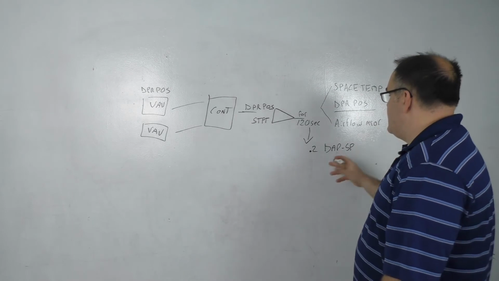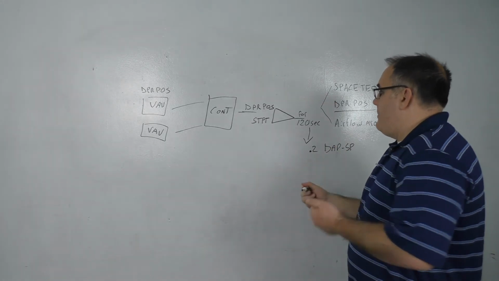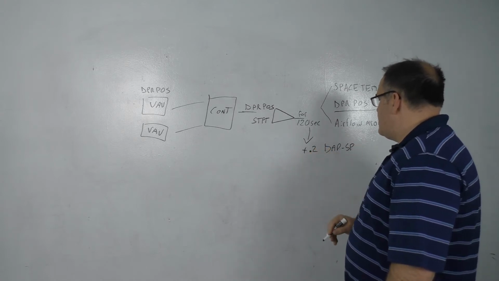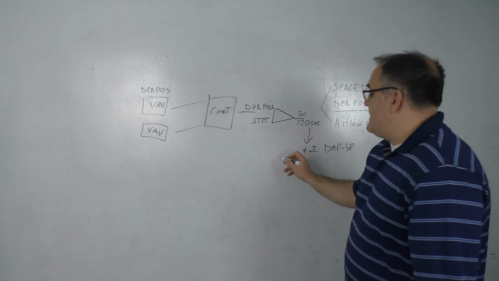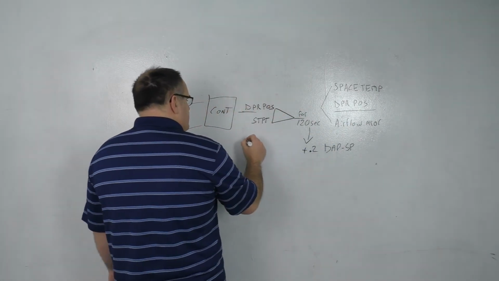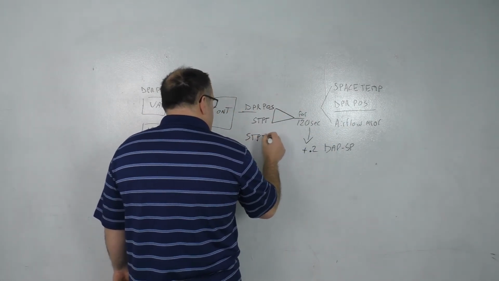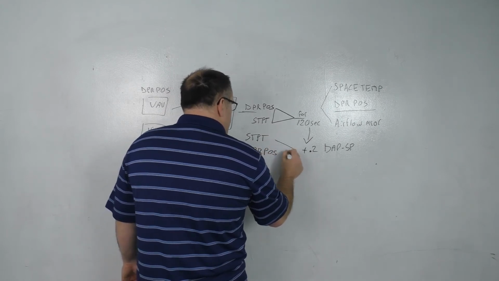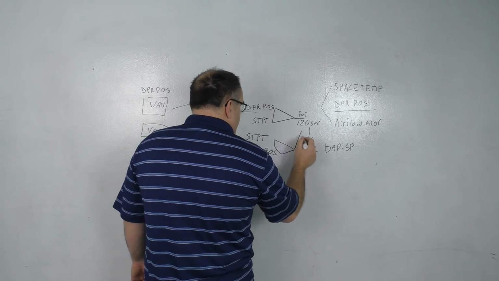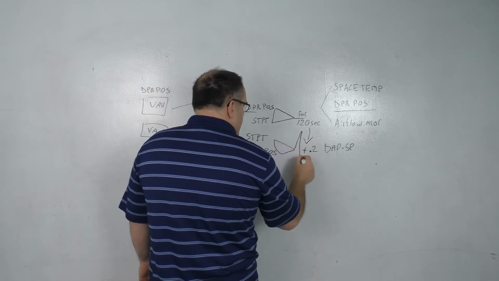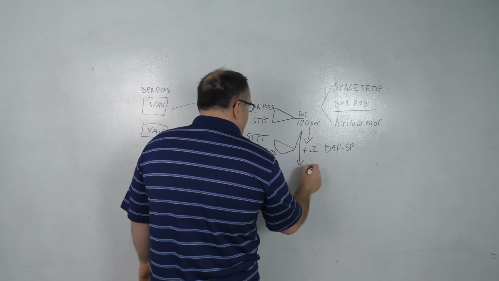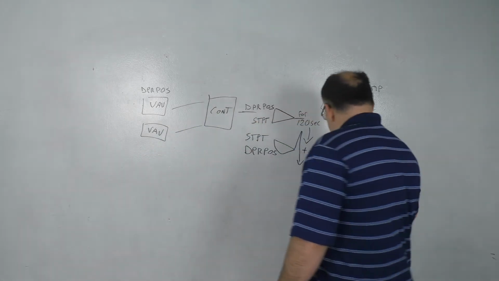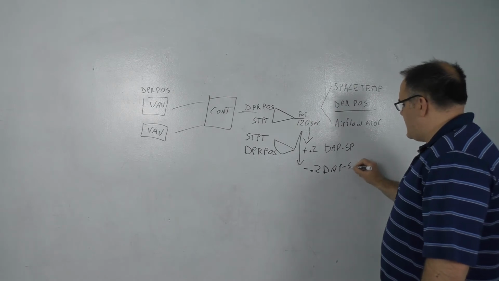You're going to use one of these, and then if it's above that set point for a certain amount of time, you go and you increase the pressure set point. If it is actually below, so here would be set point, and here would be DPR POS, once again, and it's below it for 2 minutes, then we would subtract 0.2. And that would be DAP-SP.